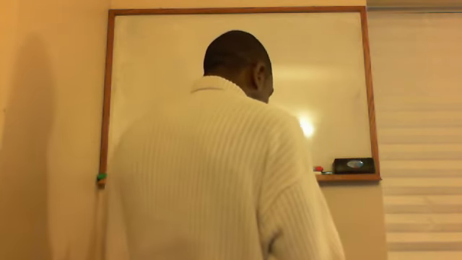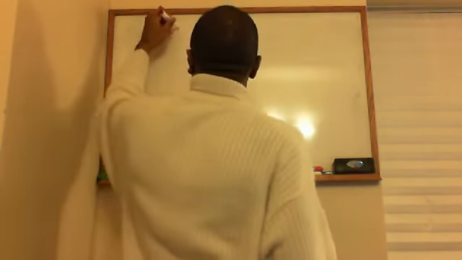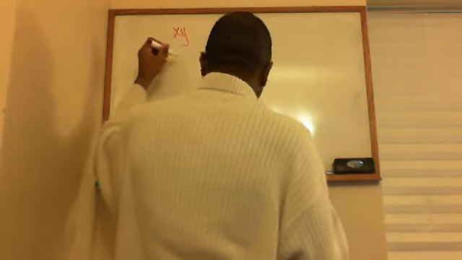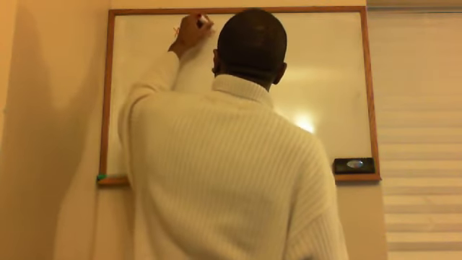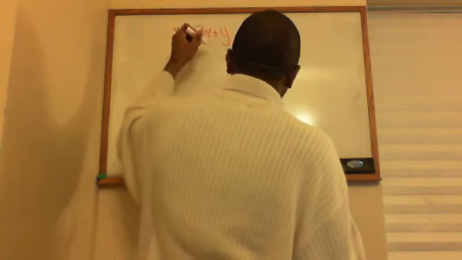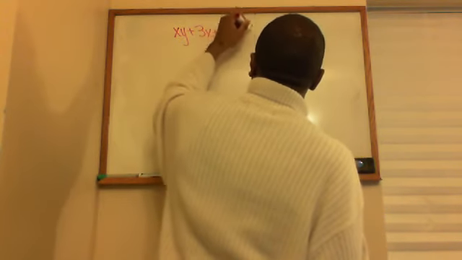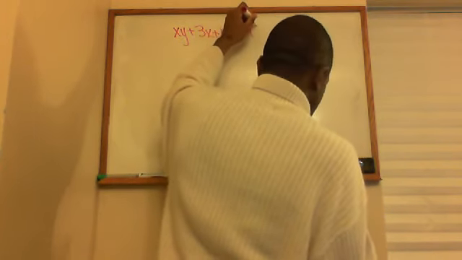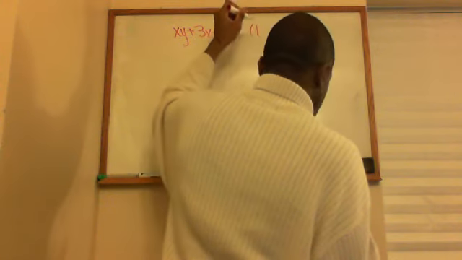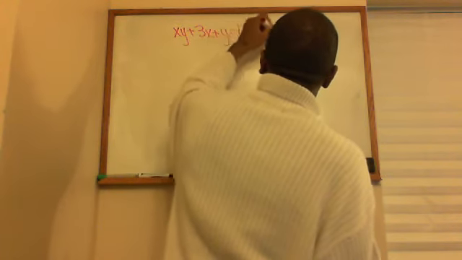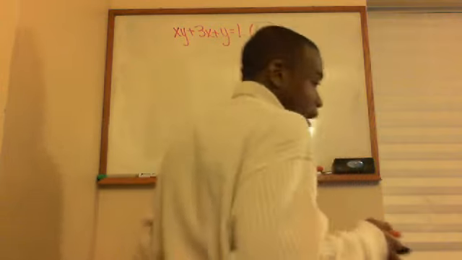The problem that I have is xy plus 3x plus y equals 1. I want to find the derivative of this implicitly at the point (1, -1), which is x comma y.